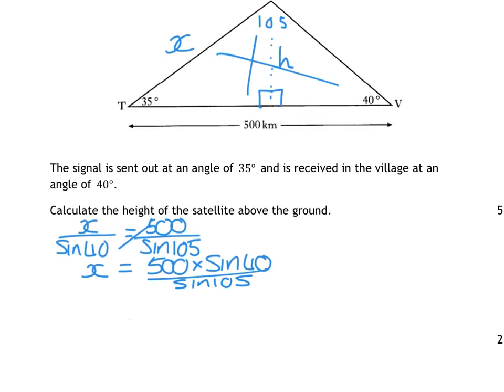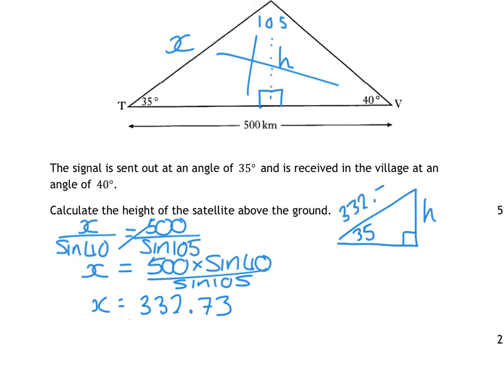And if you go type that into a calculator, you should get an answer of 332.73. Now what I'm going to do is I'm just going to redraw this triangle for you to show you what I'm doing. So I'm now using the left-hand side of this, and this is 332.73.